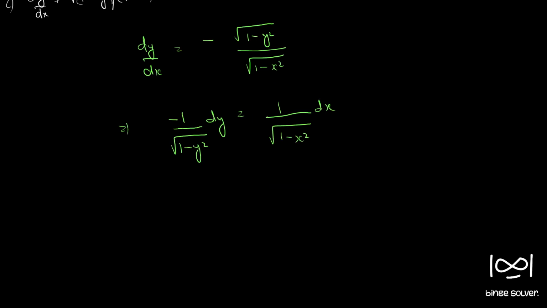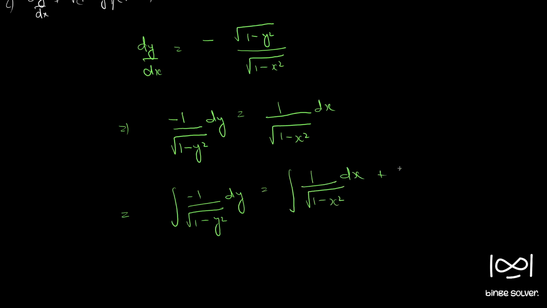Then our equation becomes a little easier when we integrate. Integral of minus 1 by root of 1 minus y square dy equal to integral of 1 by root of 1 minus x square dx plus c.